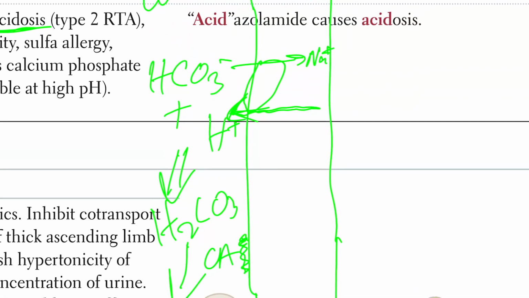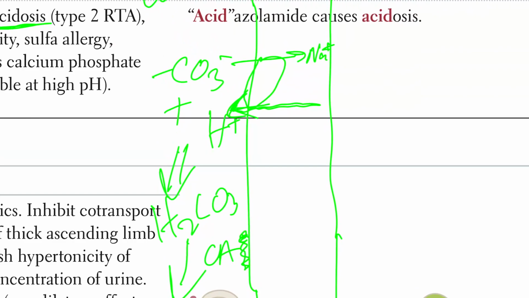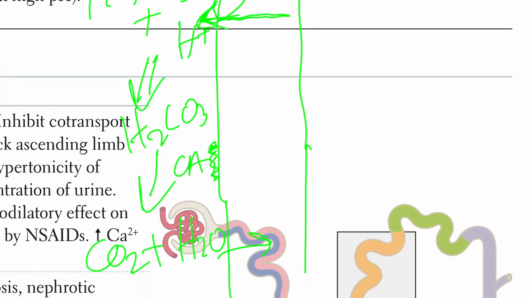So why do we need all of this? The question is, we can't reabsorb bicarb on its own. So we need to convert it to water and carbon dioxide in order for it to freely get reabsorbed.